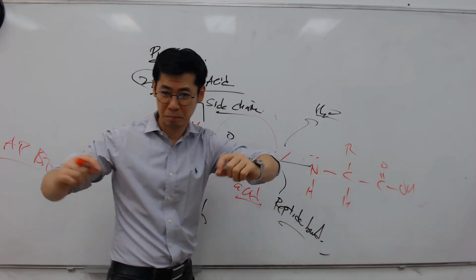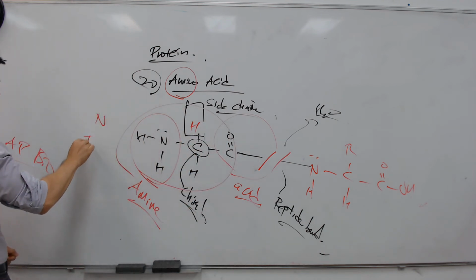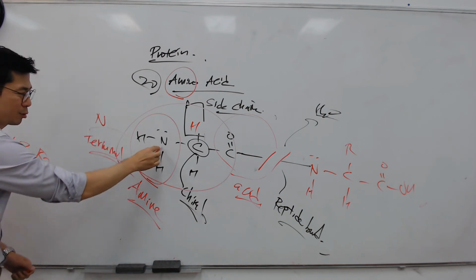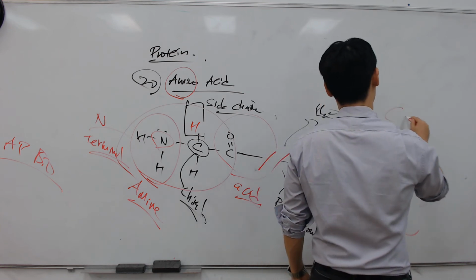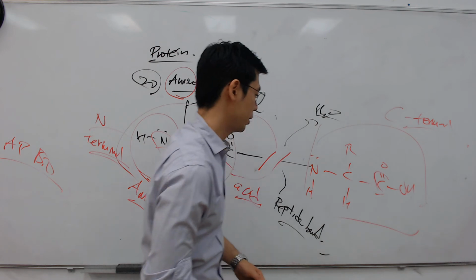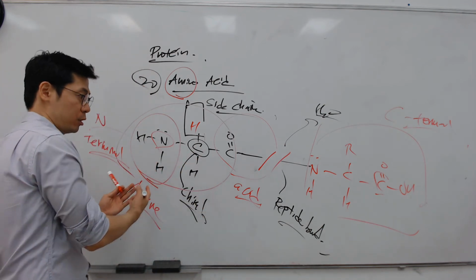This side is called the N terminus, the N terminal, because there's a nitrogen there, and this side is what we call the C terminal. So there's always an N terminal and a C terminal of the protein, because one end should be nitrogen and the other should be carbon.